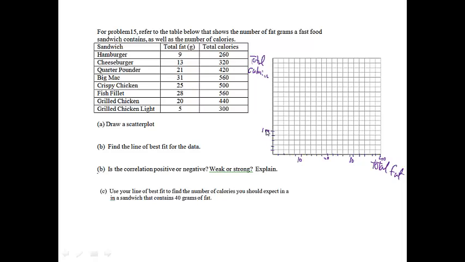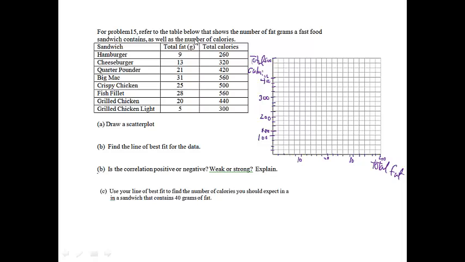Let's go by 25s. 25, 50, 75, 100. 25, 50, 75, 200. 25, 50, 75, 300. 25, 50, 75, 400, and then this is going to be up to 500. I'm still going to be a little off, but at least I'll be close.